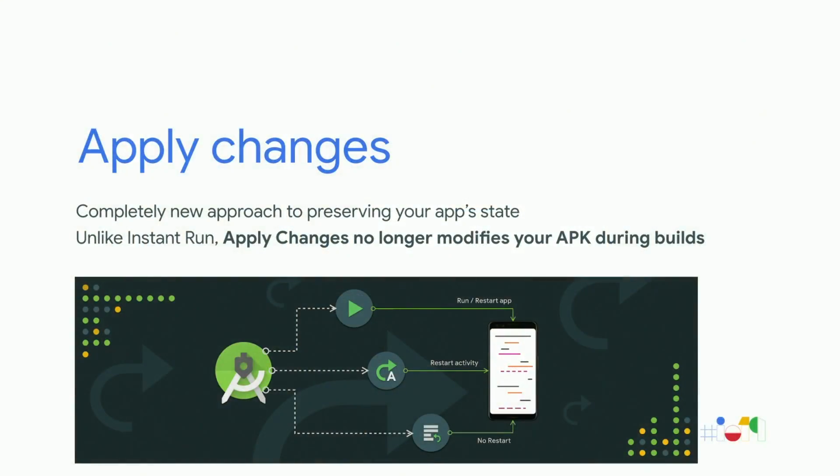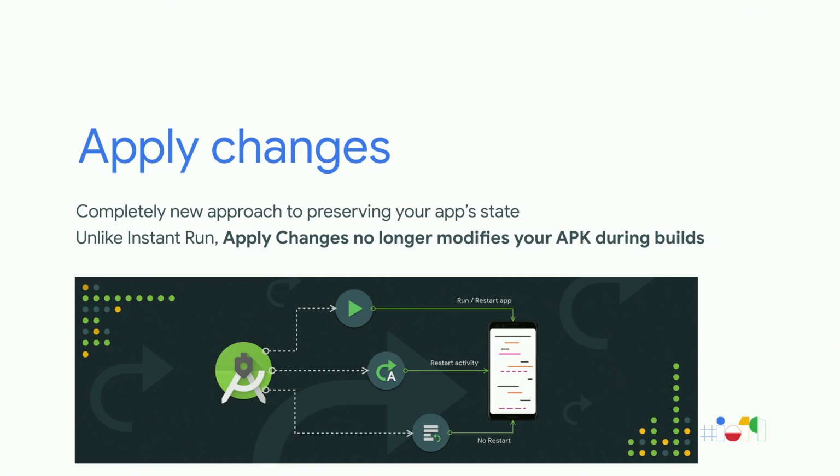So another thing we launched, as you may have heard, is Apply Changes. And this enables you to make small edits and deploy while keeping your app in its state. This is actually pretty fast because it does not restart the app. But unlike Instant Run, which some of you may know, it does not modify the build. Instead, it redefines the classes on the fly and uses some new runtime instrumentation from the platform.